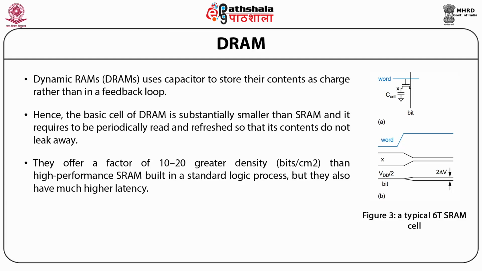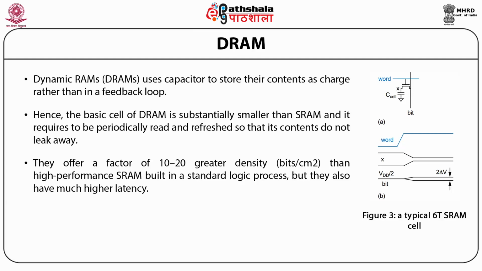So students, as you can see in this figure, which shows a 1T, that is a one transistor dynamic RAM cell consisting of a transistor and a capacitor, the cell is accessed by raising the word line to connect the capacitor to the bit line.